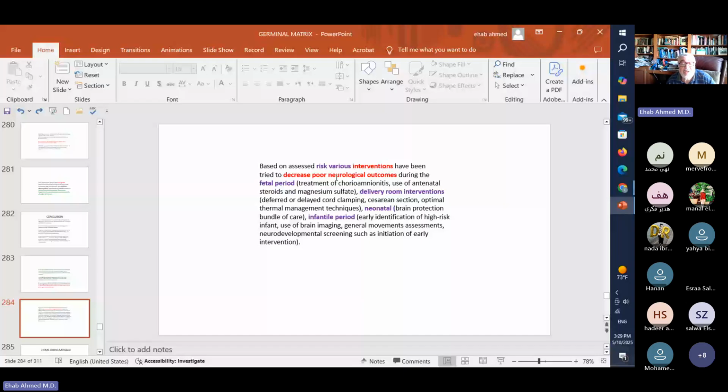Interventions have been tried to decrease poor neurological outcome, starting from the fetal period with prevention, like treatment of chorioamnionitis, magnesium sulfate and antenatal steroids, and then delivery room interventions, and then neonatal and postnatal interventions.